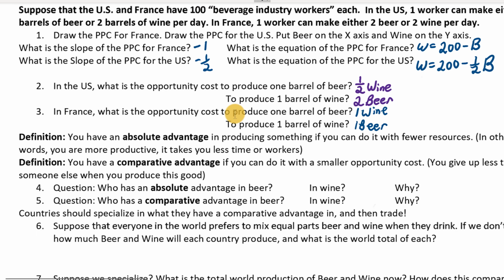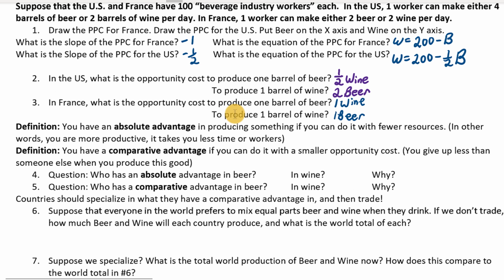All right, a couple of definitions here that are really crucial whenever you're talking about international trade and comparative advantage. First definition, absolute advantage. Absolute advantage means that you're just better, cheaper, faster at doing something than someone else.